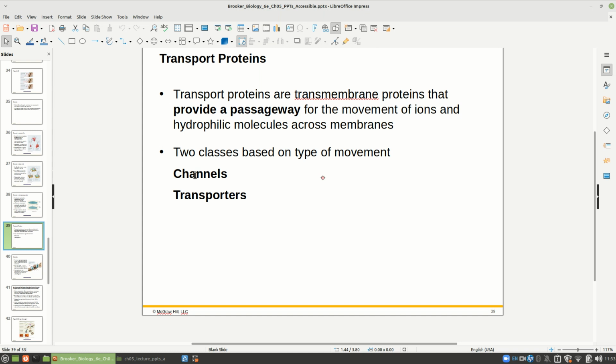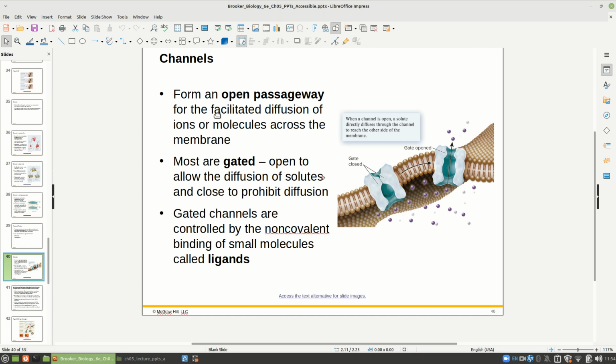So channels you don't think of as being powered usually. Transporters you do, but really the terms that you want to use: if ATP is used, it's what we call active transport. That means you used ATP or energy. If you didn't have to use ATP, that is passive transport. You shouldn't necessarily call it passive, but it's a different type than active. It's not active.